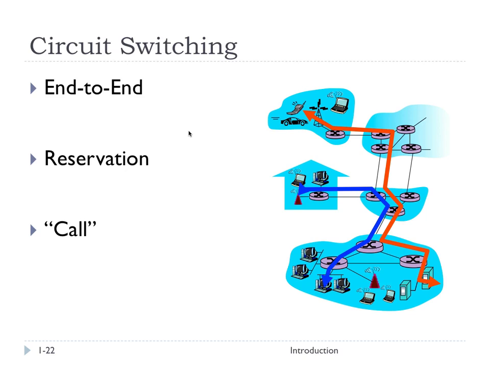So the word reservation is really important here, because that's basically how circuit switching works: we are reserving some resources all along this path so that when either the sender or the receiver wants to communicate, there are definitely resources there to communicate.